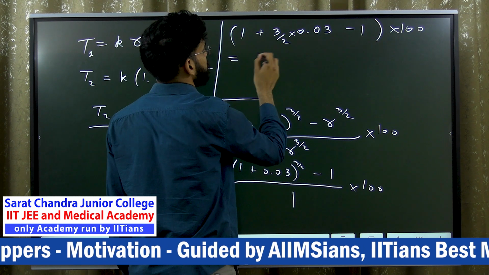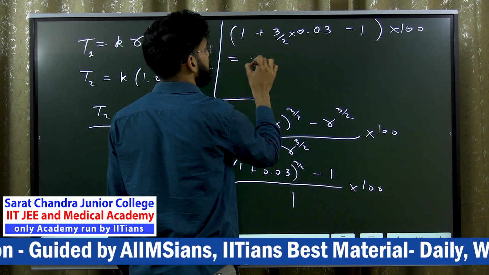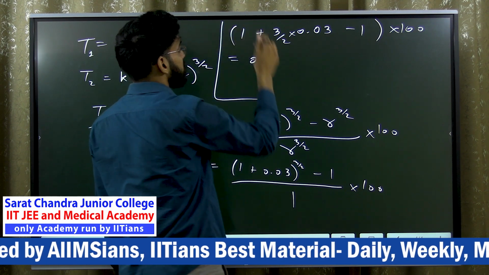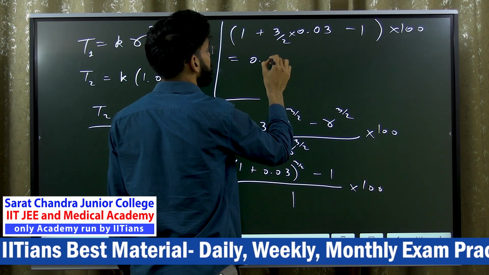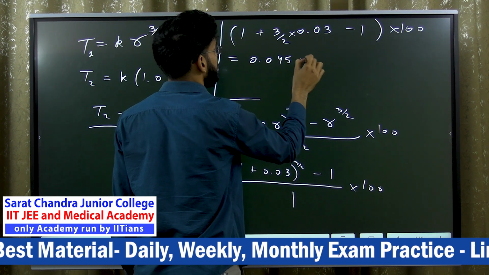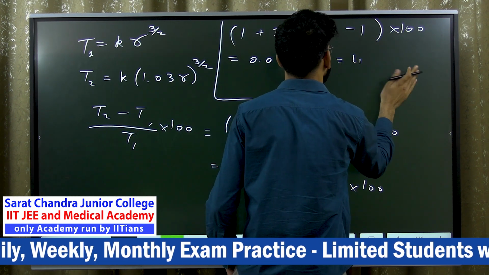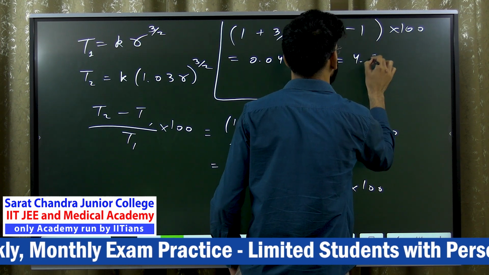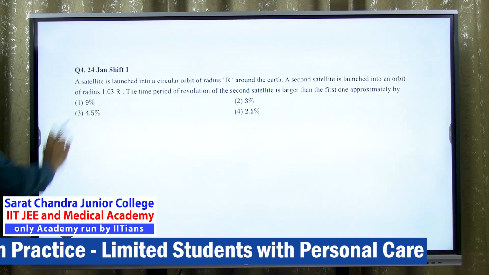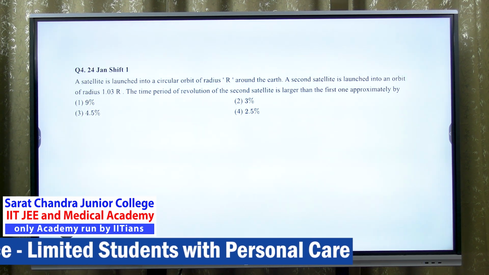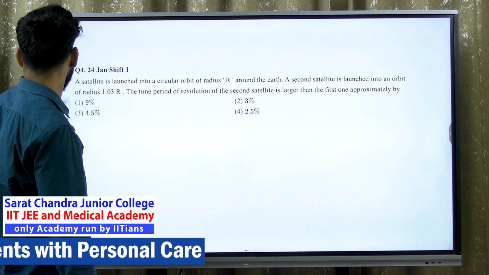So 3 by 2 into 0.03 is 0.045, into 100. So this will come 4.5%. So the answer is the third option. Okay, now let's go for the next question.